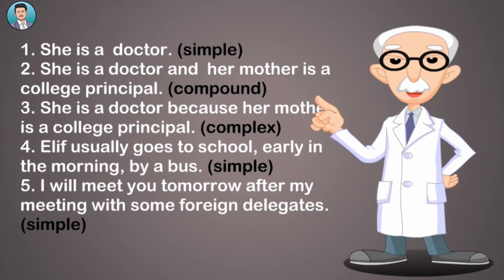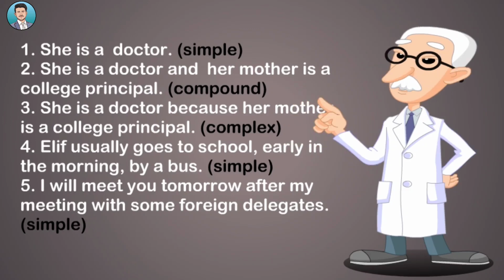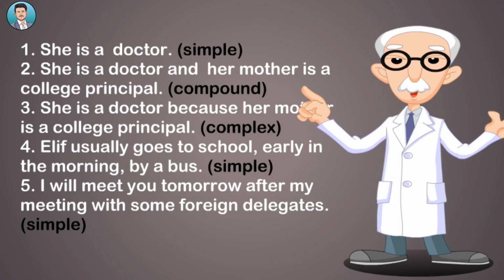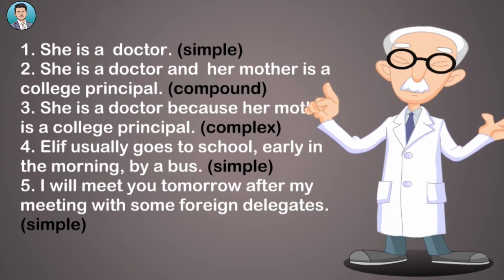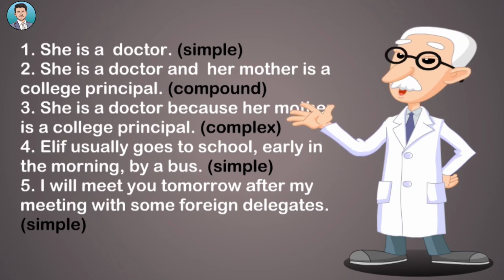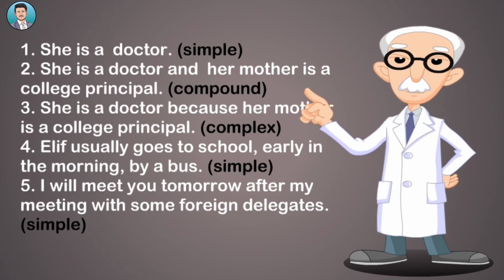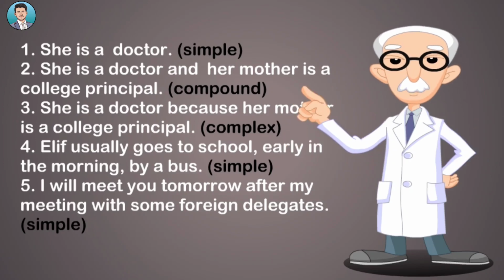In the third sentence, she is a doctor, again the very same part, because her mother is a college principal. Now see, the next part of the sentence, because her mother is a college principal, is giving us the reason why she is a doctor.